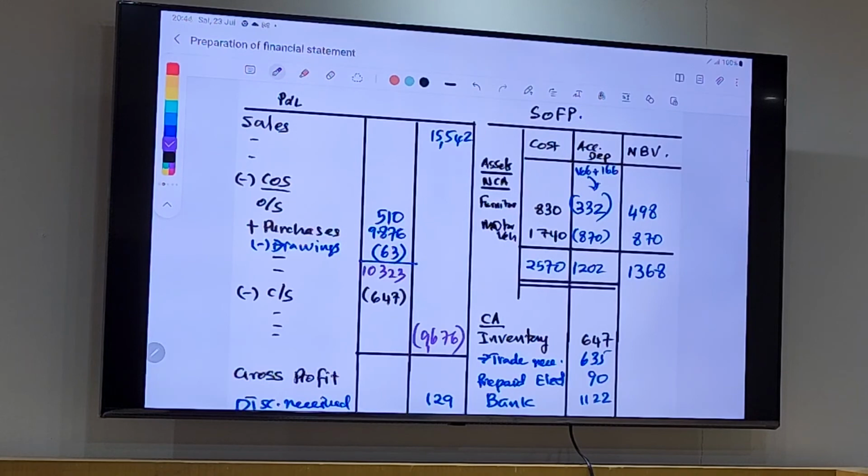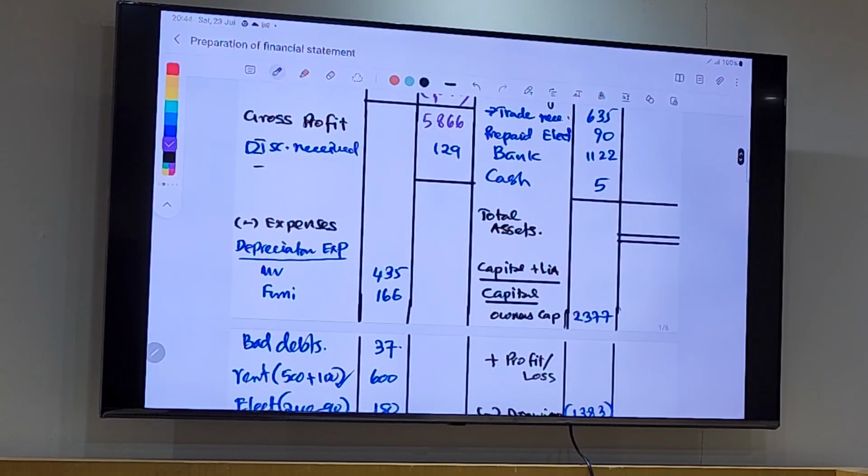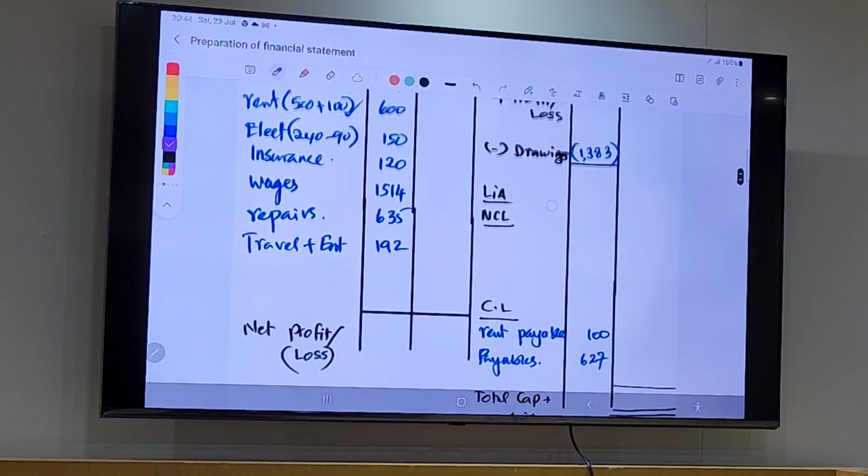Now 15,542 minus 9676. How much do you get? 5866. And then take the total of 5866 plus 129. 5995.